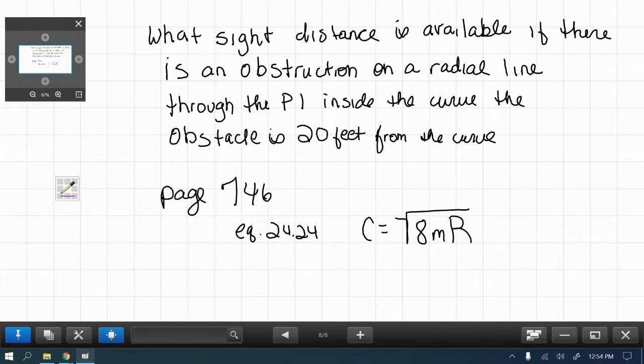What sight distance is available if there's an obstruction on the radial line, meaning we got our radius 20 feet over? Let's say you got something 20 feet over, and we want to find out. Let's look on page 746.